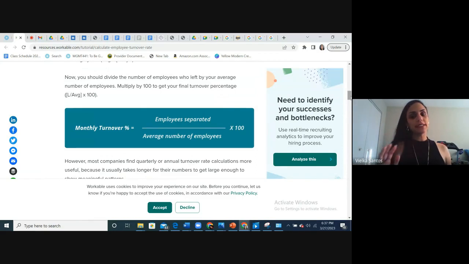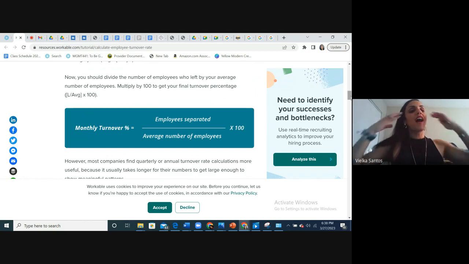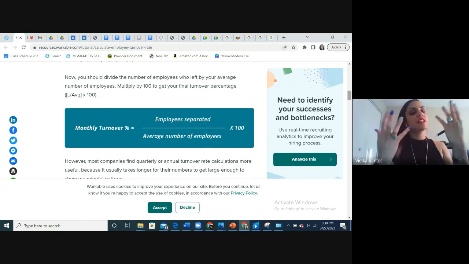It's so easy to do, and I'm going to put in your perspective a real-life example, so you can use it in your own businesses. It doesn't matter if you are a manager, director, owner or not, as soon as you have an idea of these numbers.